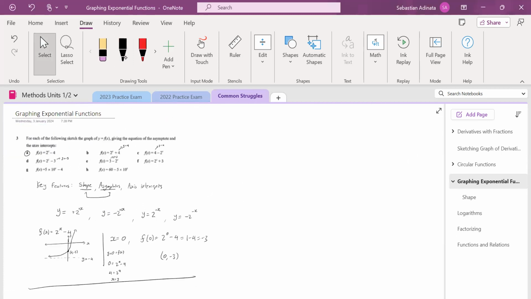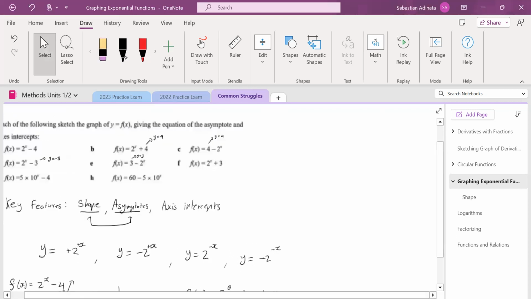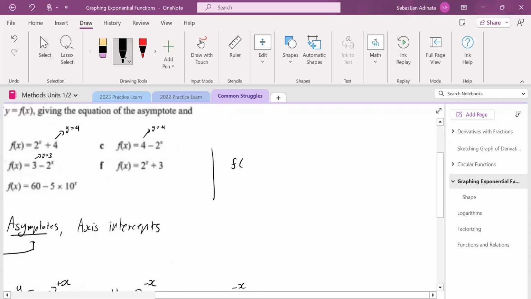For example, let's do this one. f of x is equal to 4 minus 2 to the x. What shape is it?